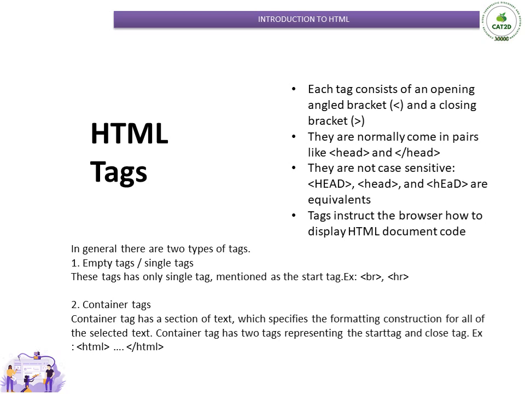But we have what we call single tags and container tags. Container tags can't do without coming in pairs. But for single tags, at times you can have them standalone, but in most cases they come in pairs. So HTML tags are not case sensitive.